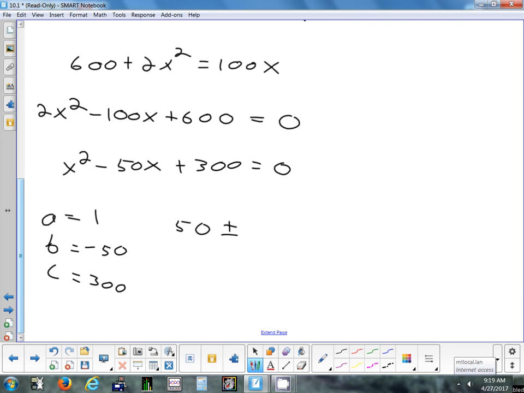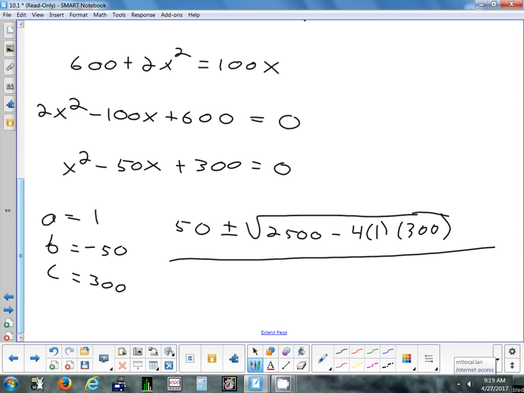Plus or minus, yep. Square root of what? So B squared. I'm going to do that as we go. Minus 4. A is 1, so technically we don't need it here, but put it in. For AC, all over 2A.